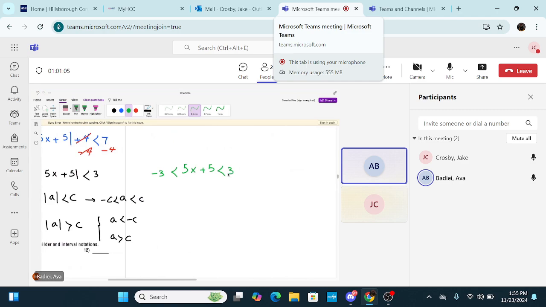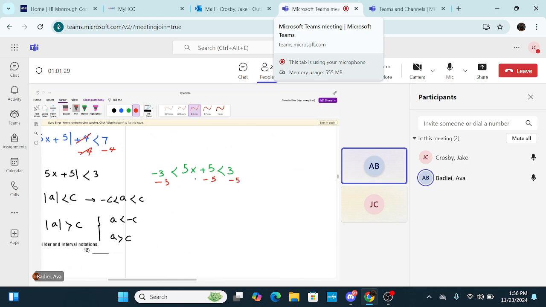Now it's pretty much like doing any inequality, whatever you do, you have to do to all three of these. What do you think we should do next? Minus 5 on all sides. Exactly. Minus 5 on all sides.